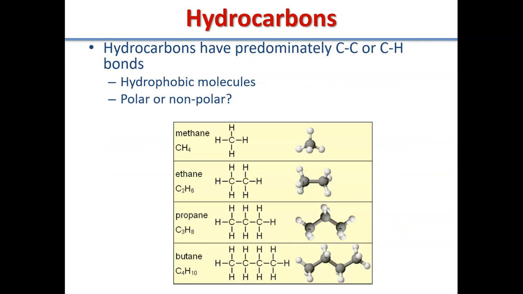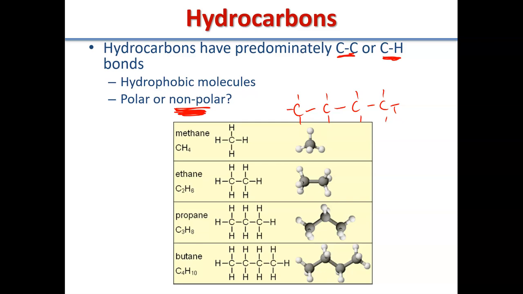Hydrocarbons are going to be predominantly carbon-carbon bonds or carbon-hydrogen bonds. Hydrocarbons is just what I drew earlier, in which you have long chains of the carbons, and then on the sides you have those hydrogens everywhere. Asking yourself if this is polar or non-polar, it's actually going to be non-polar.